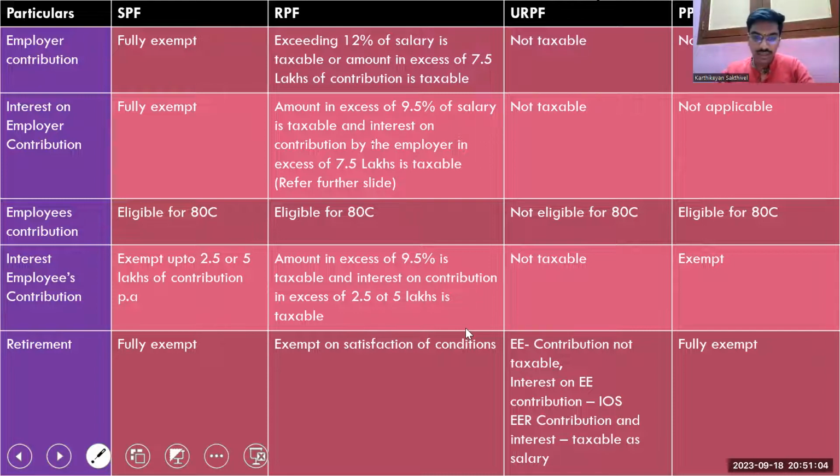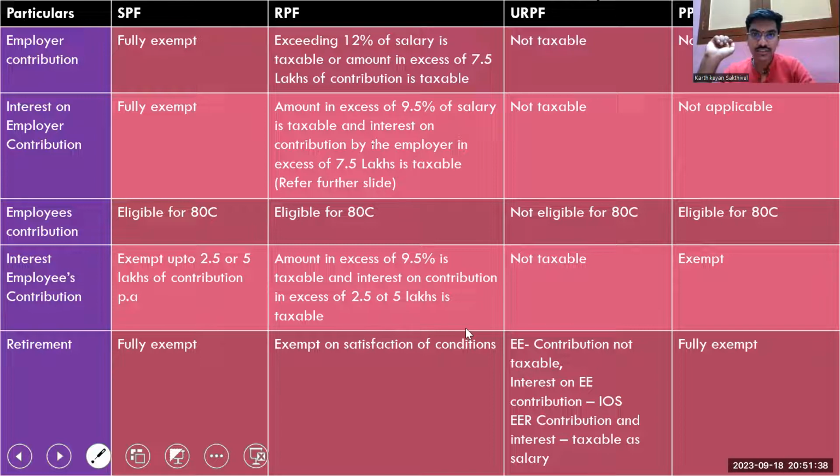The second component is, if an employee contributes more than 2.5 lakhs in a year, the interest on that excess amount alone is taxable in the current year.